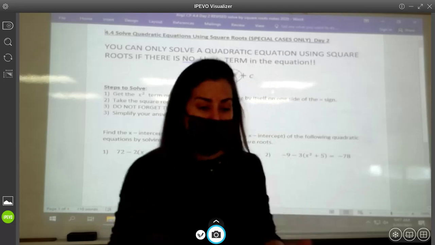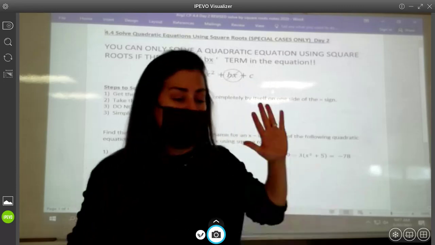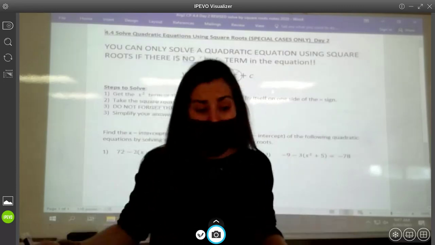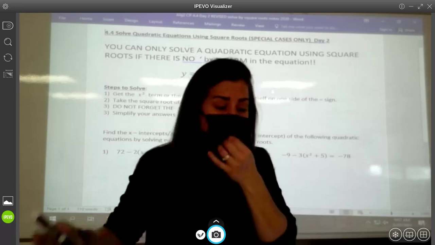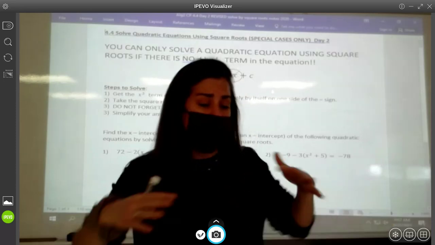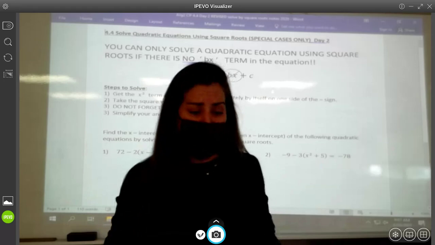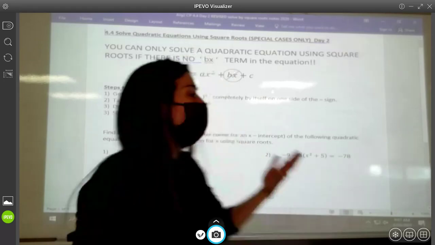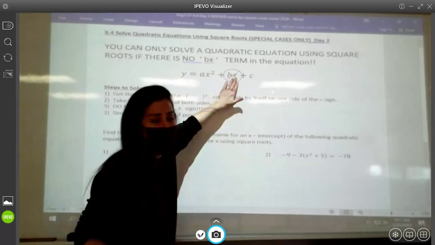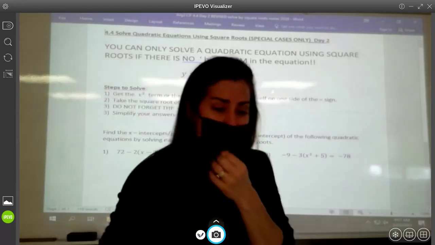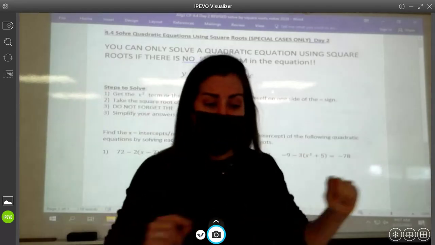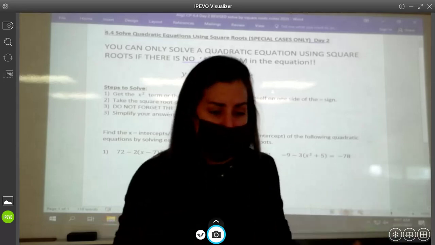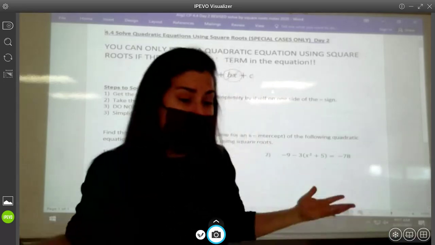Guys, the problem when you solve a quadratic equation by factoring is that not all quadratics can be solved that way, because not all quadratics can be broken up into these beautiful whole number factors, right? So then we have square roots, but square roots can only solve the quadratic equations that don't have an x term. So right now, the two ways that you learned how to solve a quadratic equation can't solve all of them.